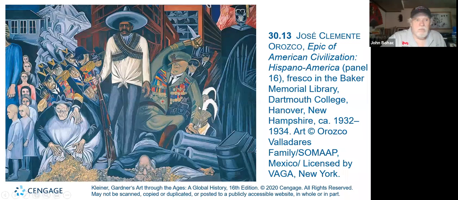Fresco, mural, 1932, 1934. And so this is Hispano America, those from Spanish descent. And you see, you got all kinds of things here.